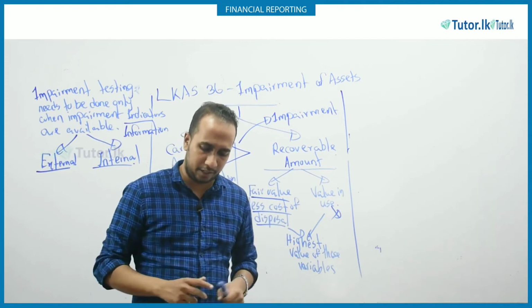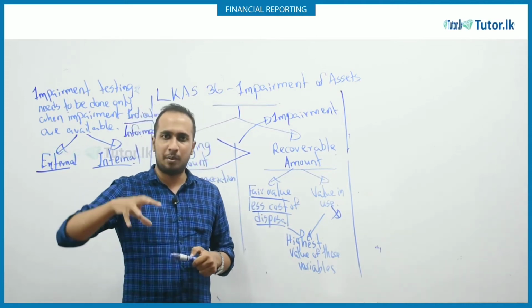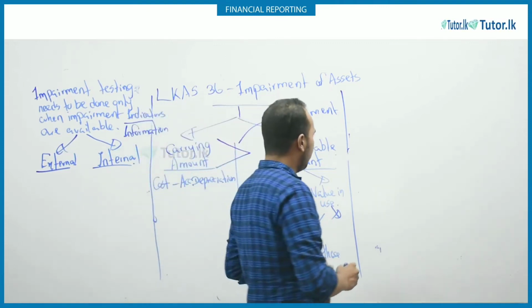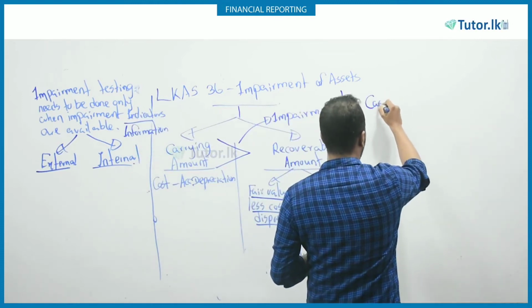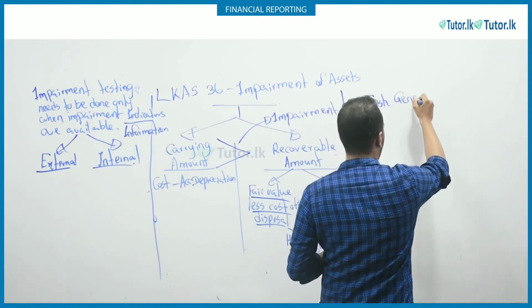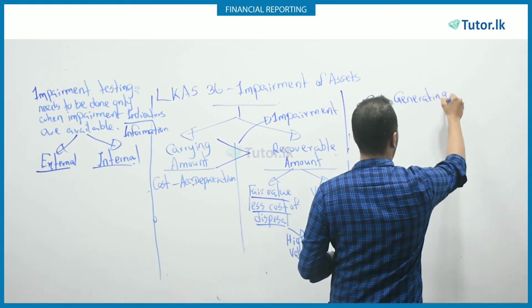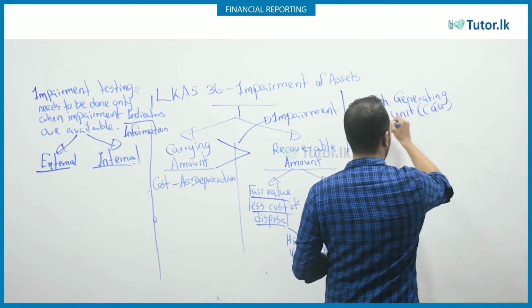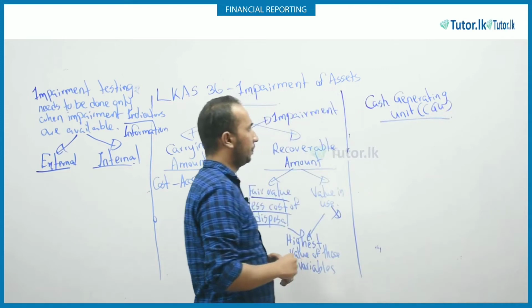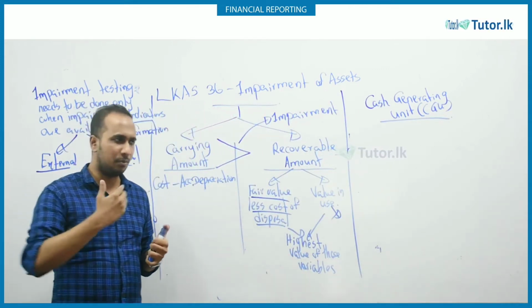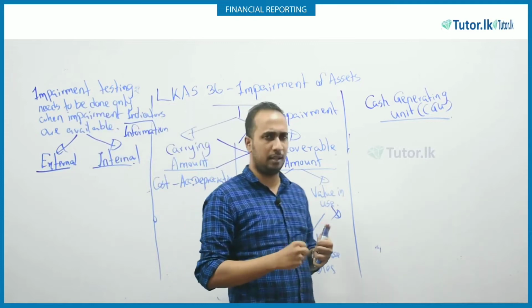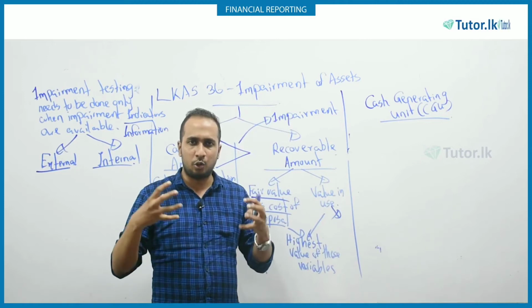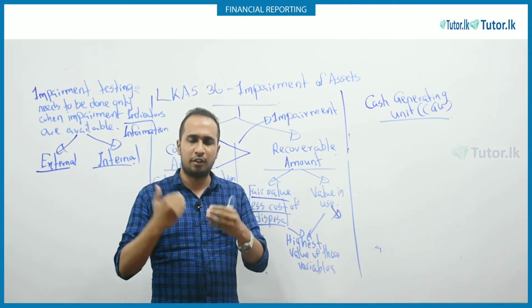In addition, we talked about a single asset. In addition, there is a definition in this standard, that is cash generating unit, abbreviated as CGU. You need a small understanding about this concept. A cash generating unit means a collection of assets together which contribute to the generation of cash flows.